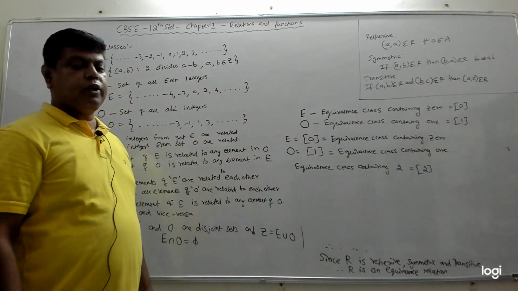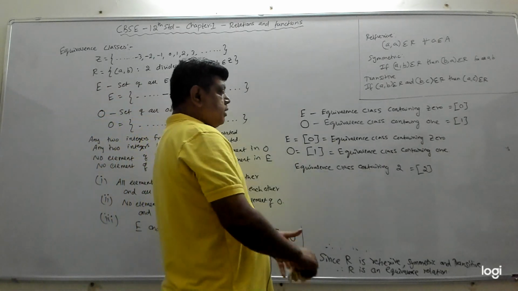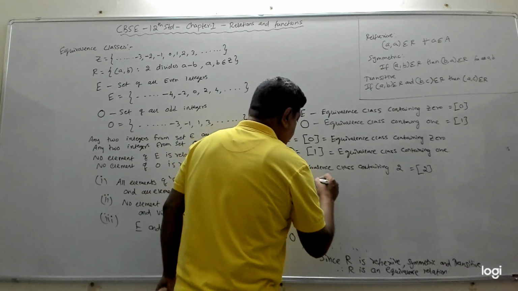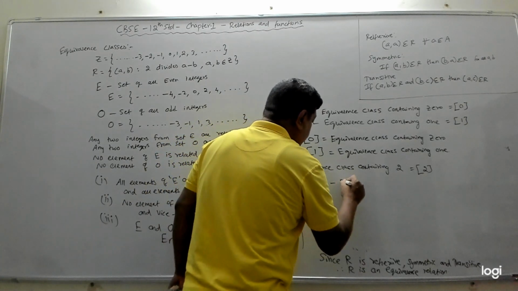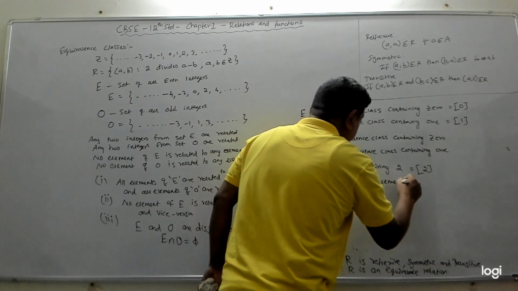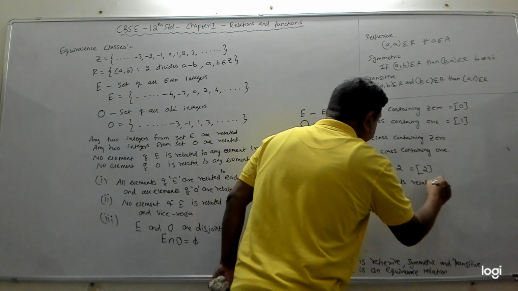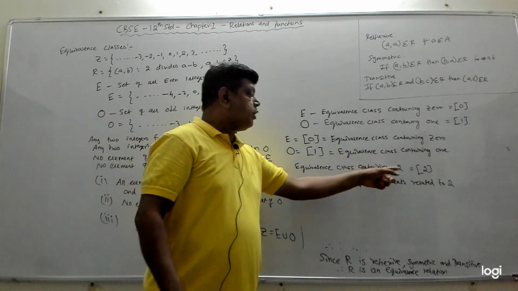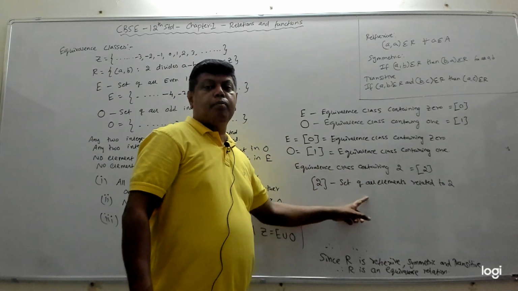Equivalence class containing 2 means box 2, which denotes the set of all elements related to 2. What is the meaning of this? Equivalence class containing 2 means the set of all elements related to 2.